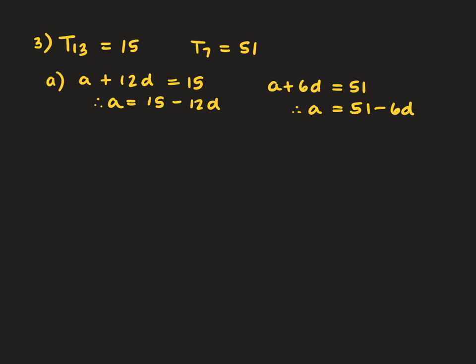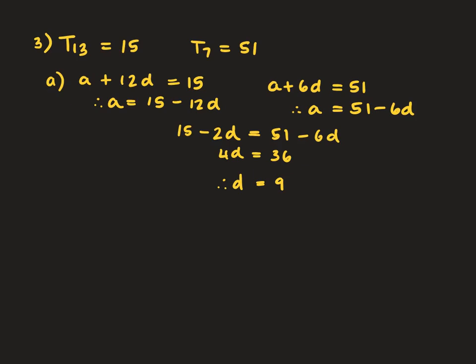We let the two equations now equal. So 15 minus 12D is equal to 51 minus 6D. So 6D will be equal to negative 36. So our constant difference will be 9, right?